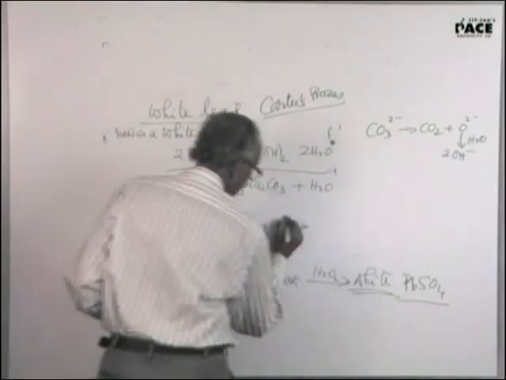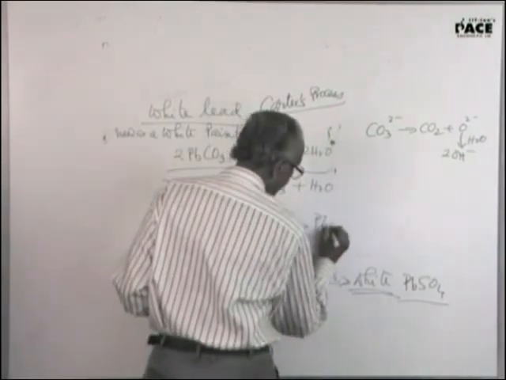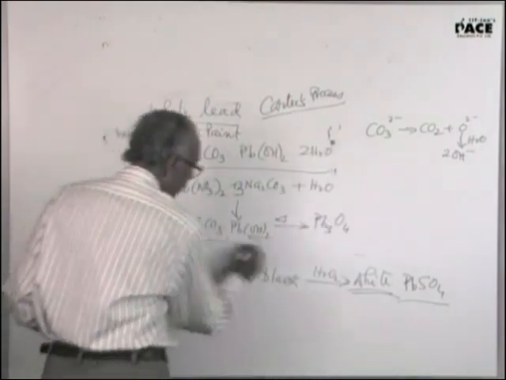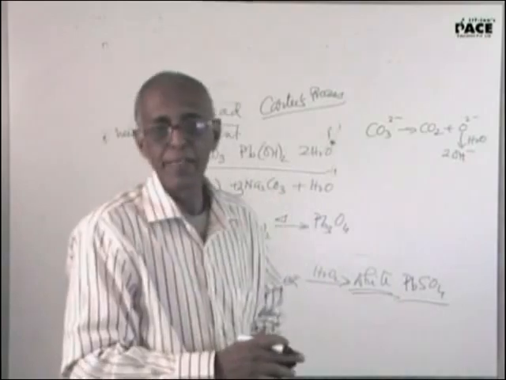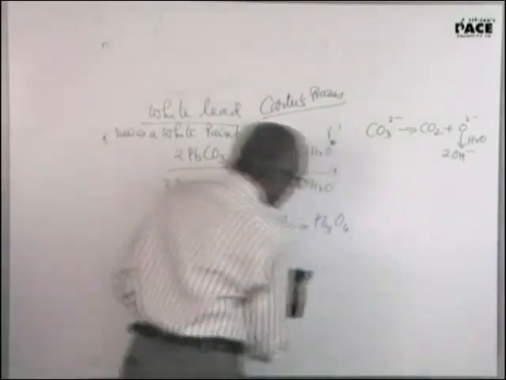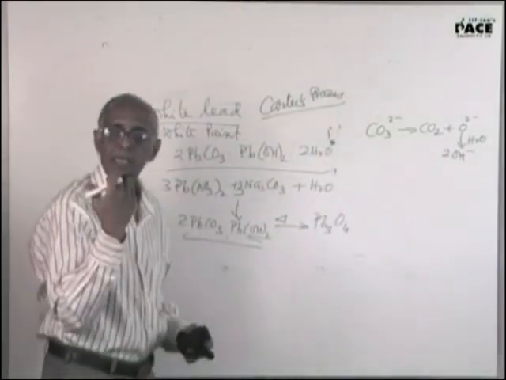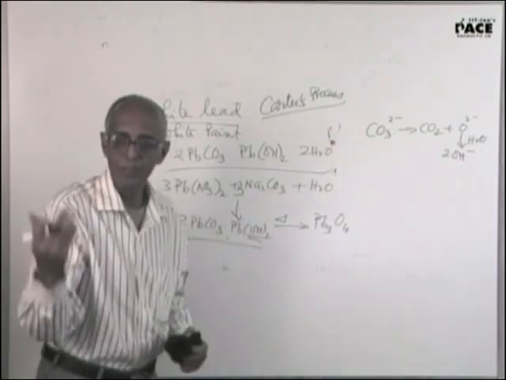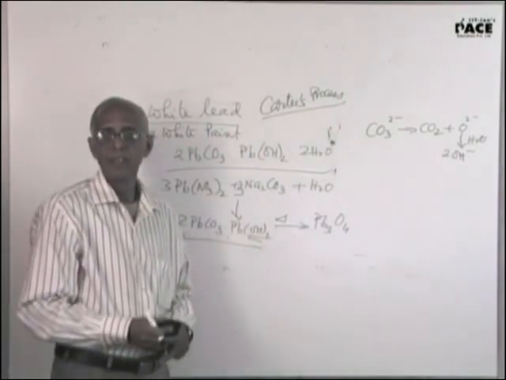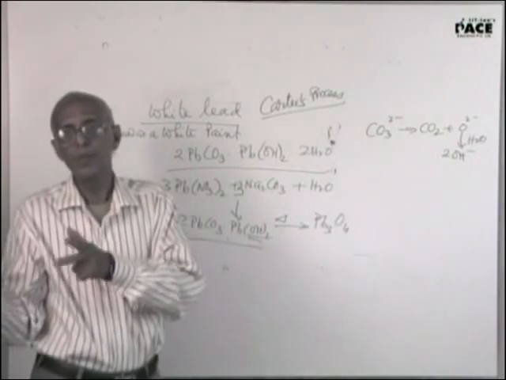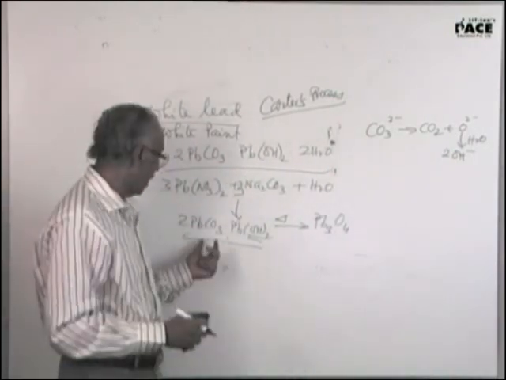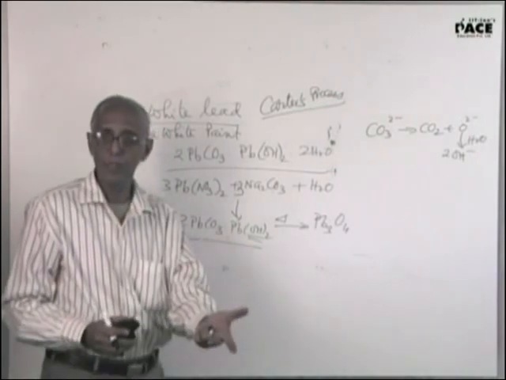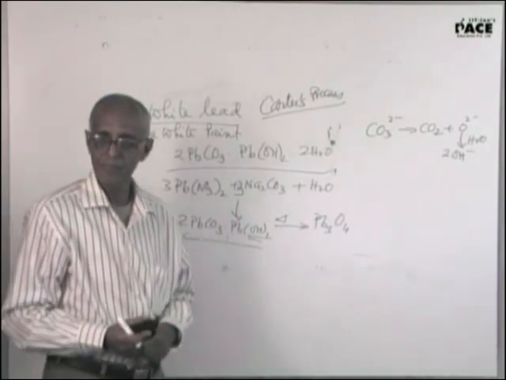When you heat it, it gives you red lead. So white lead on heating changes from white color to red color. You get red lead, carbon dioxide, water. Lead carbonate on heating gives you lead monoxide and carbon dioxide.